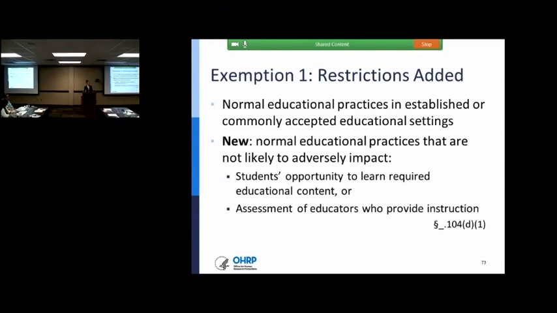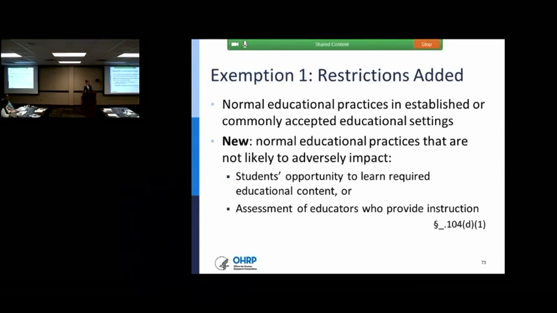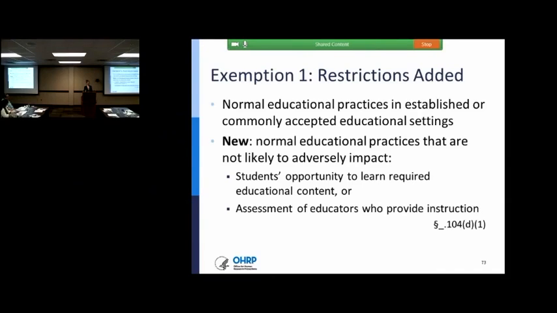So this is a bit more restrictive than the pre-2018 rule, in that you have to be sure that there won't be adverse impact on either the students or the educators.